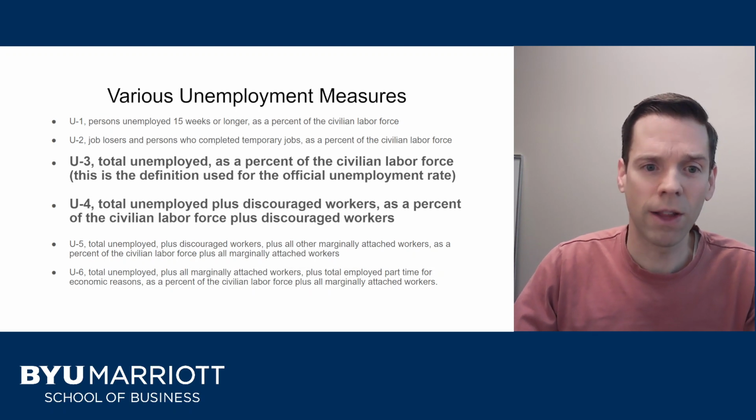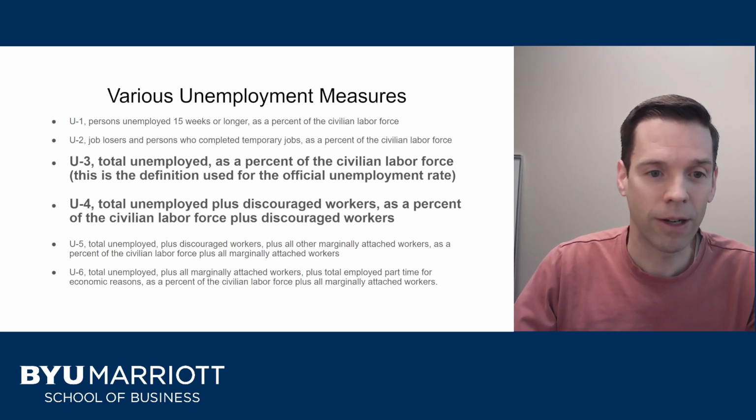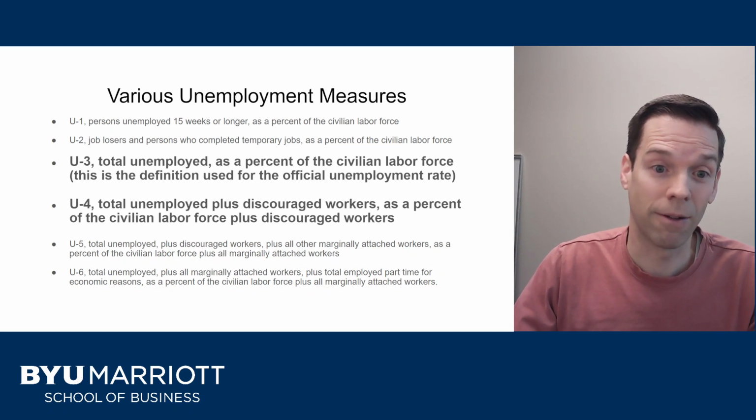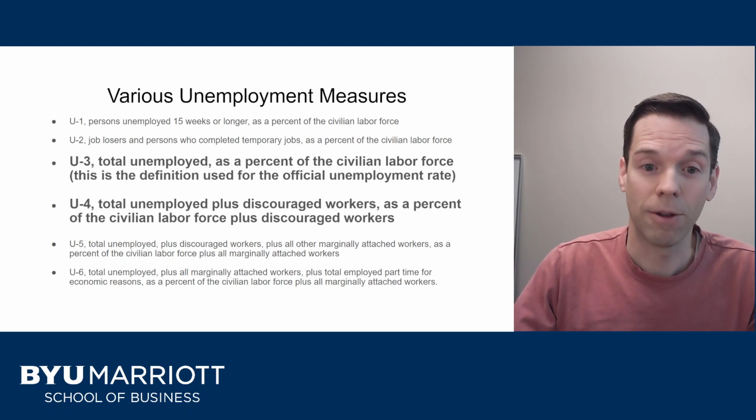And there are a number of other measures of unemployment here, ranging from U1, where to be unemployed we define very strict definitions where you have to be unemployed for a very long time before we call you unemployed. So that gets rid of short-term spells of unemployment.